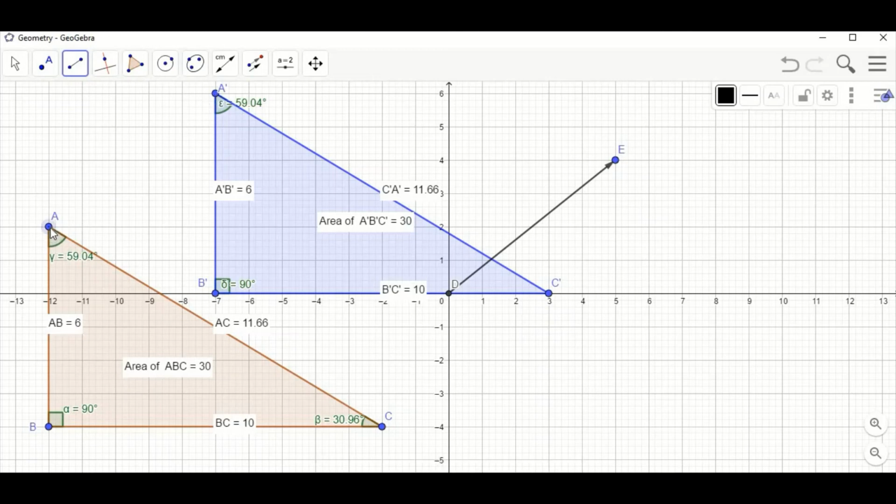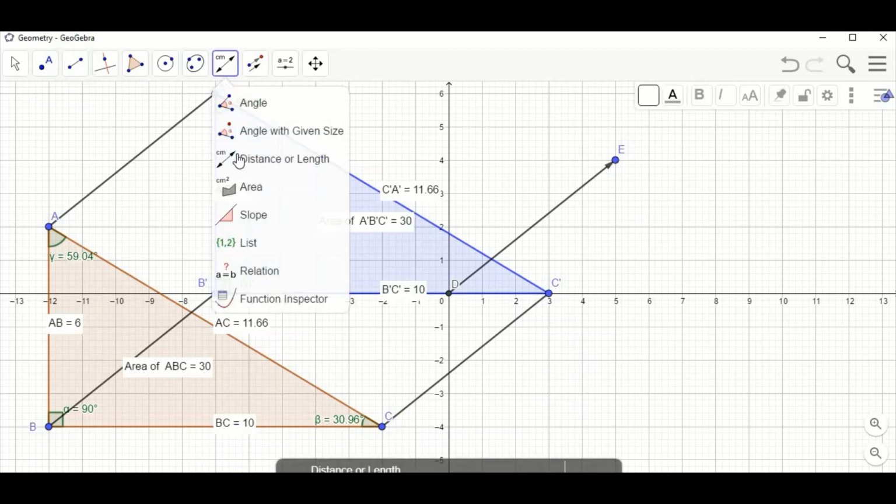So I'm going to connect A to A prime. I'm also going to connect B to B prime. And I'm also going to connect C to C prime. And then I'm going to test to see if all these points are at an equal distance apart.